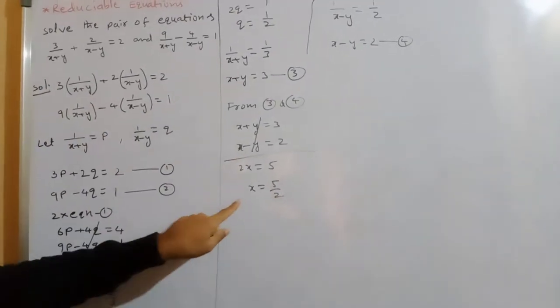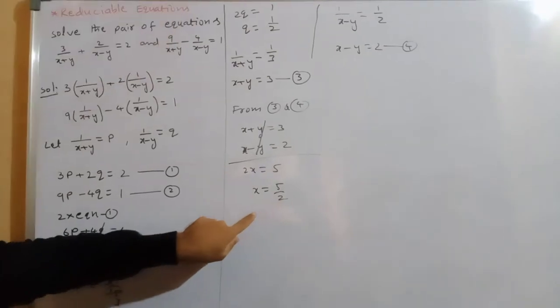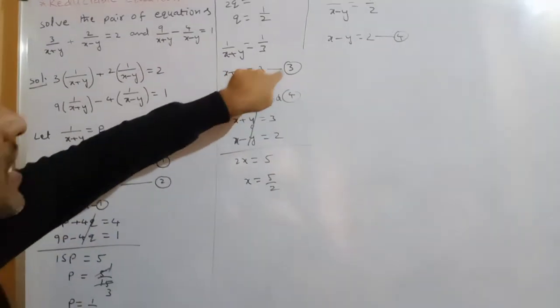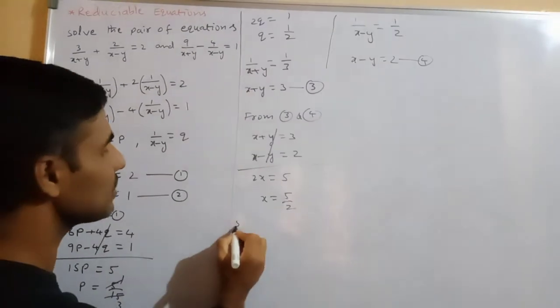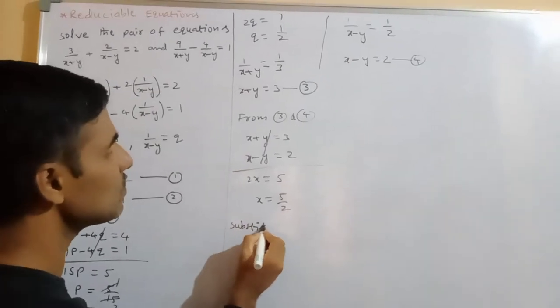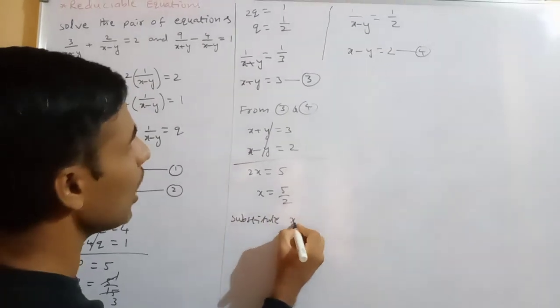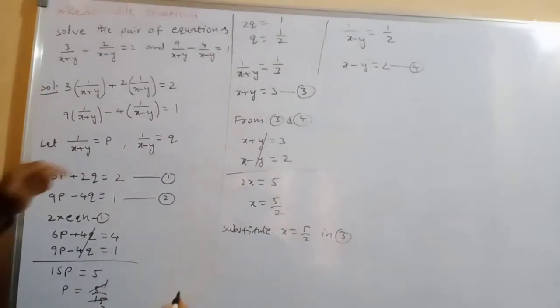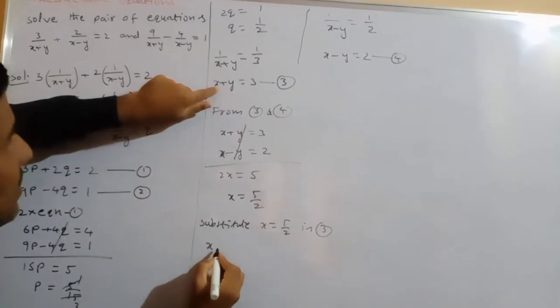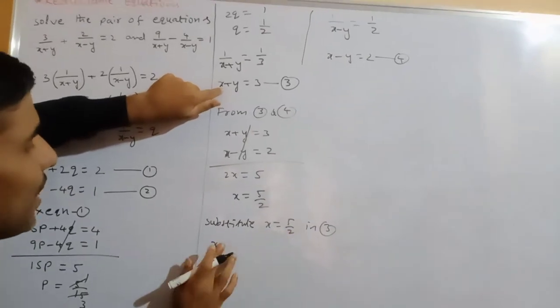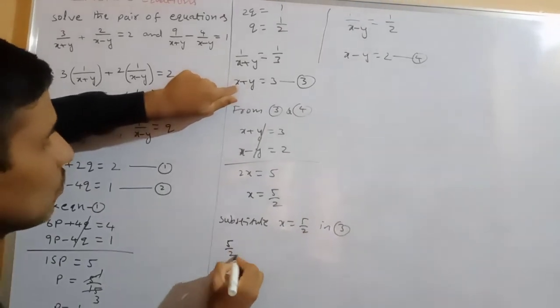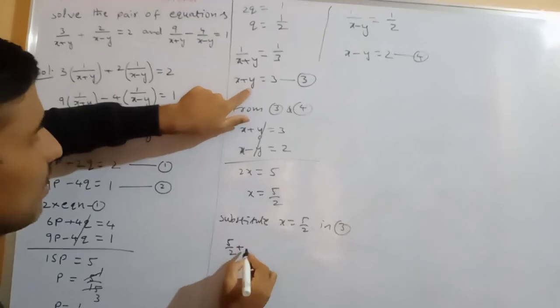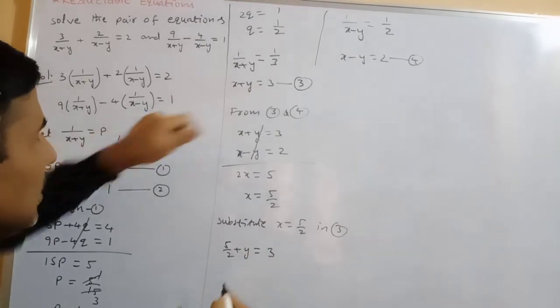Next, substitute x equal to 5 by 2 in any one equation, either 3 or 4. Substitute x equal to 5 by 2 in 3: 5 by 2 plus y equal to 3.